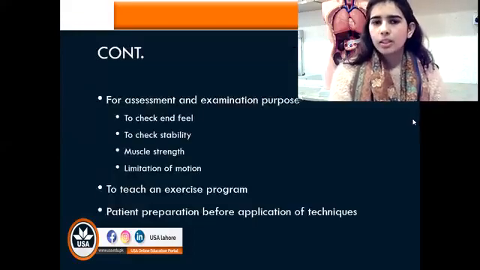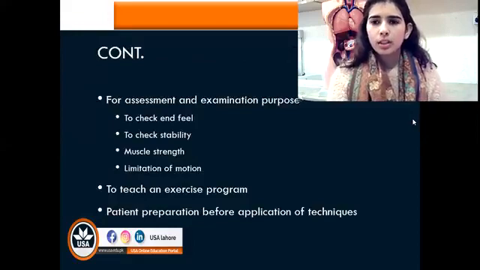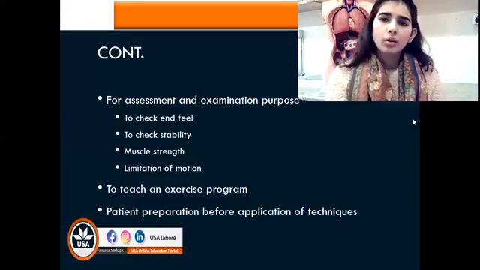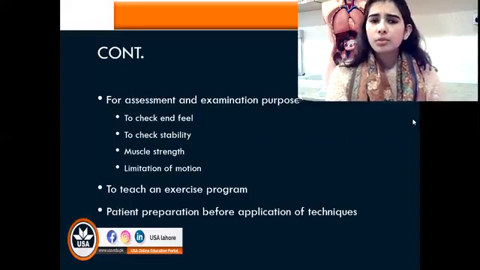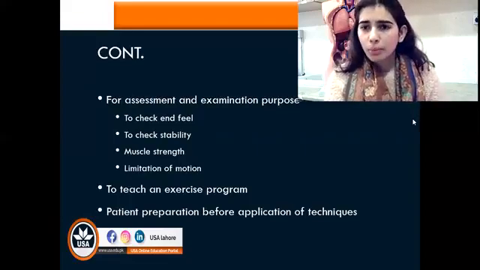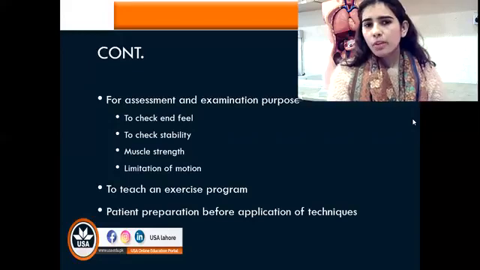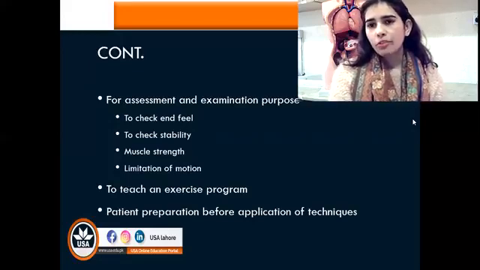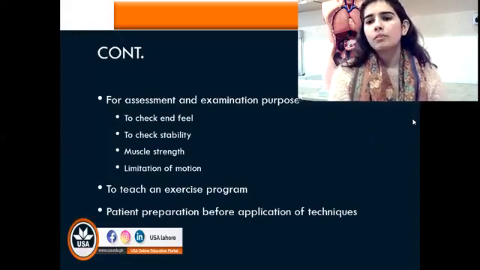For assessment and examination purposes, these passive movements can also be used. How are these going to be used? In order to find the good end feel of a joint, there is a need to perform the passive movement.